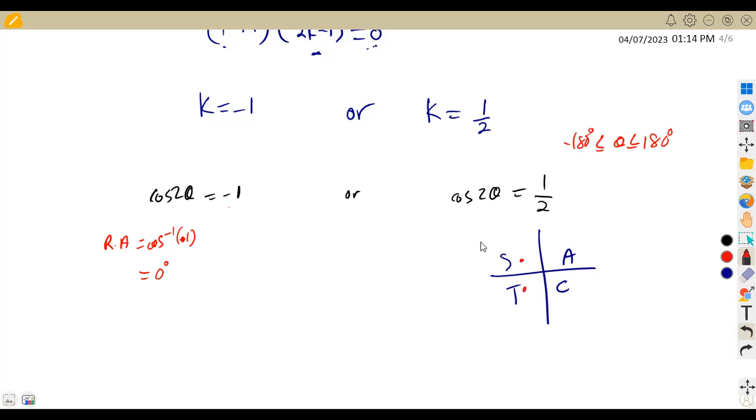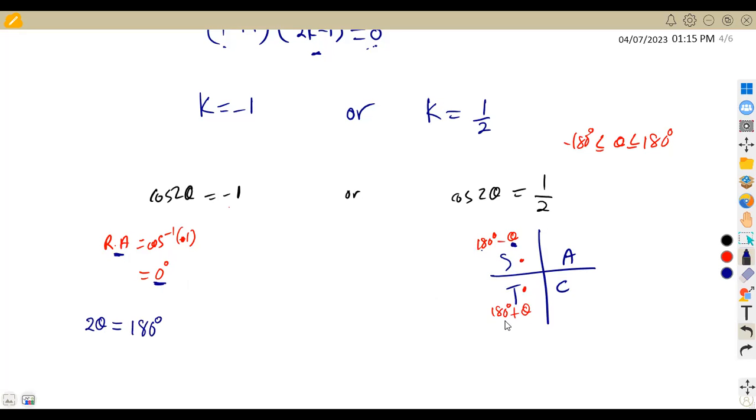So in the second quadrant, we know this is supposed to be 180 degrees minus theta. This is supposed to be 180 degrees plus theta. So in this case, we are having an angle of 0 degrees as our reference angle, which is our theta that we are supposed to have. So meaning to say our 2 theta is going to be 180 minus theta, which is 180 minus 0. That is going to be 180.